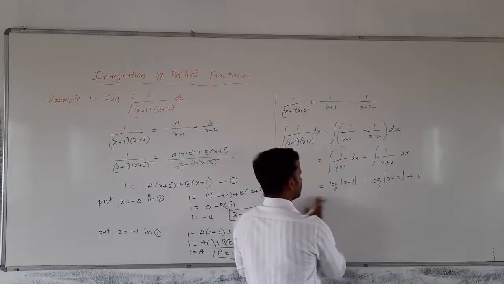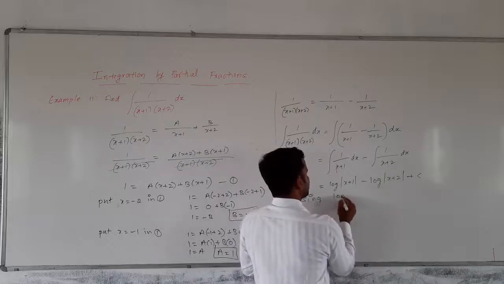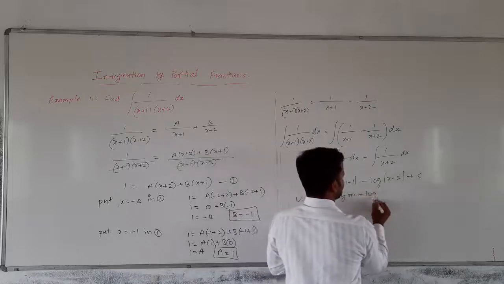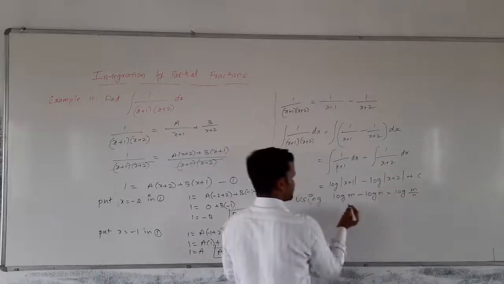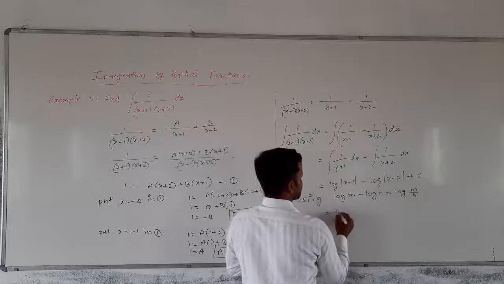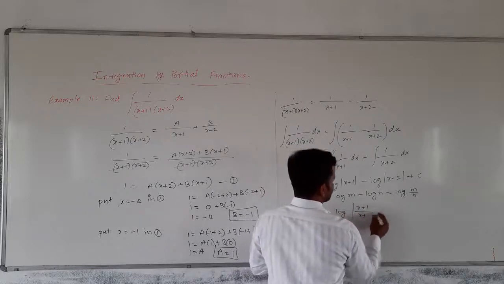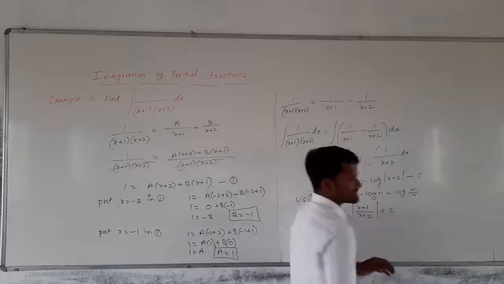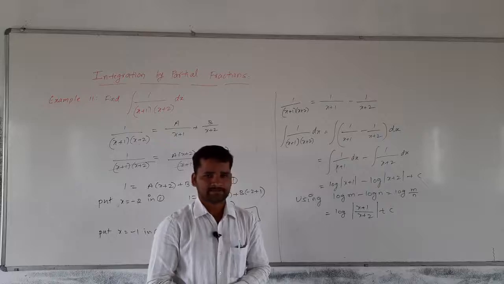It is in the form of log m minus log n. I will use the formula: log m minus log n is equal to log of m by n. Using this formula, I can write here, this is log of mod of x plus 1 by x plus 2 plus c. This is how integration by partial fractions works.